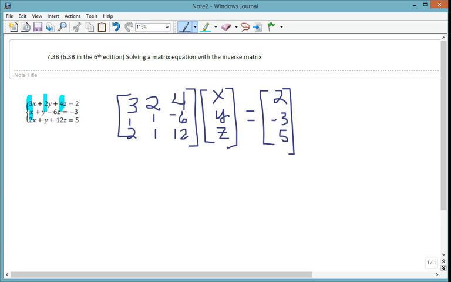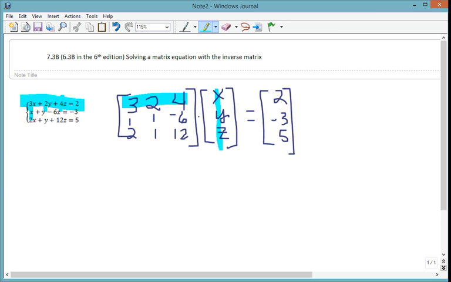So when we have an equation like this, remember that if we multiplied these two here, if we multiplied this by this, it gives us 3x plus 2y plus 4z, which is exactly what we had in our first equation.